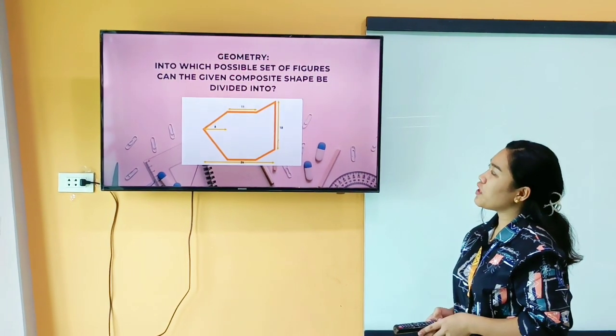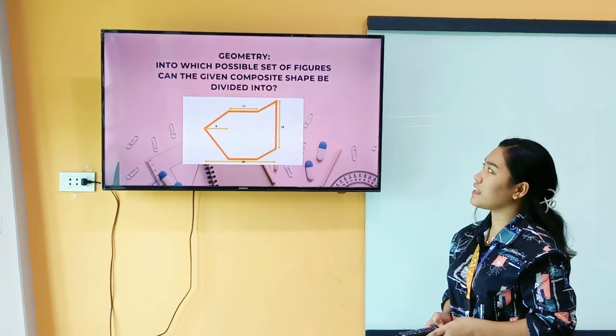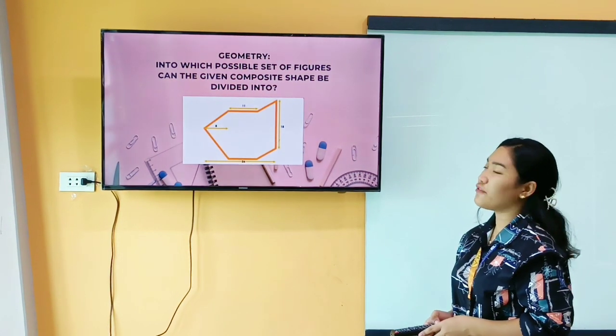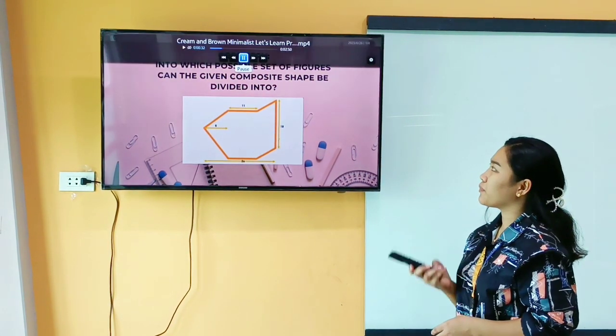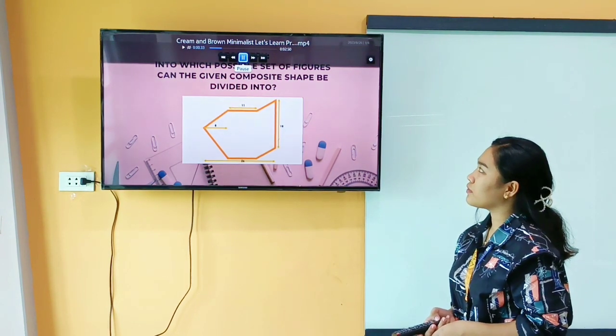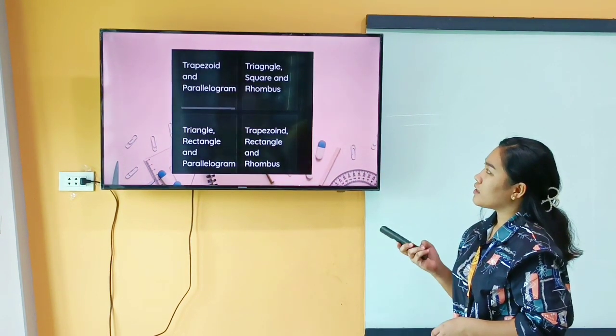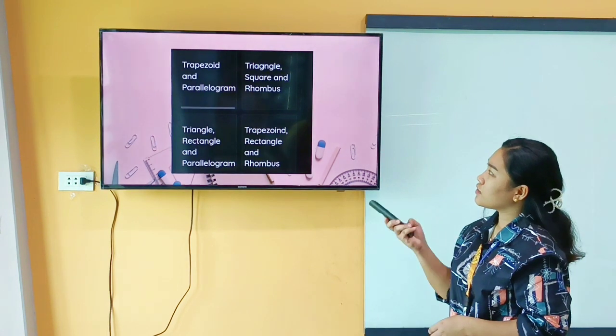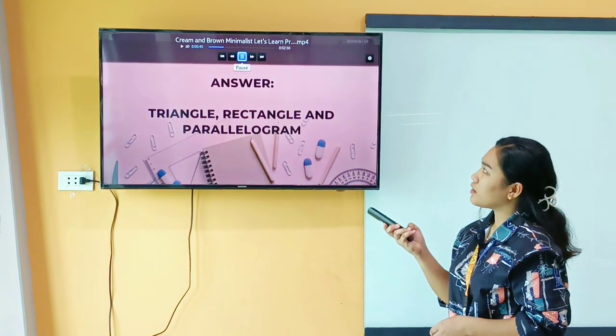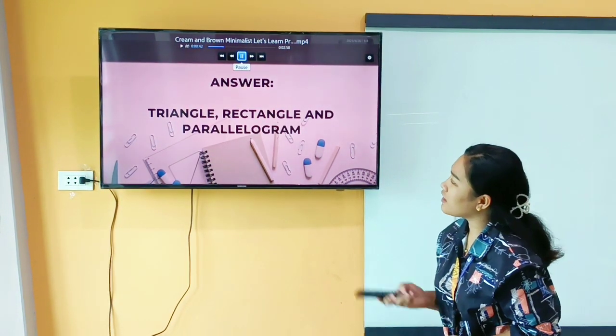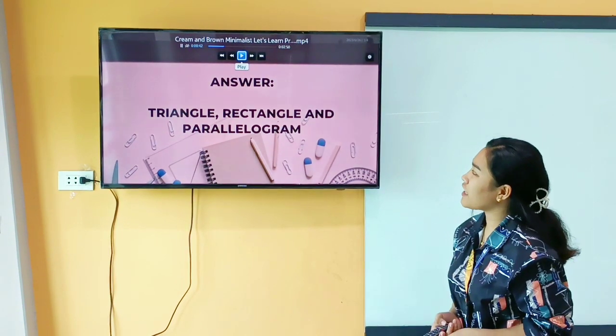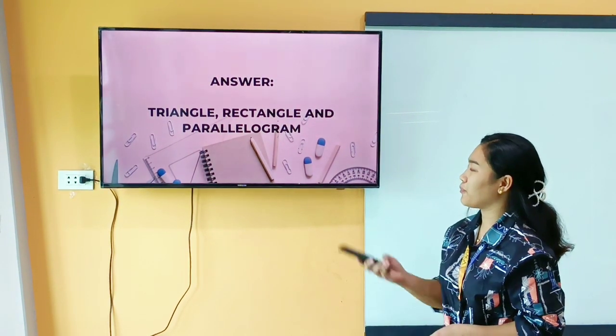Geometry. Into which possible set of figures can the given composite shape be divided? So the answer is triangle, rectangle, and parallelogram.